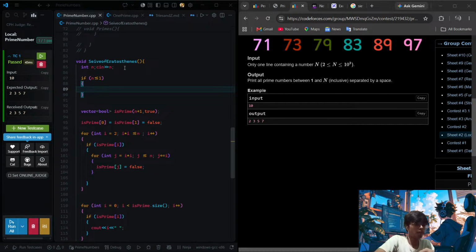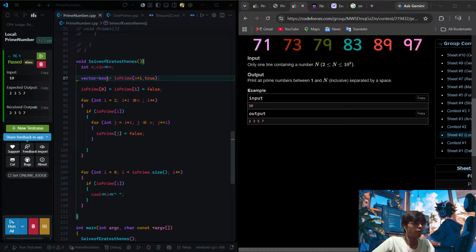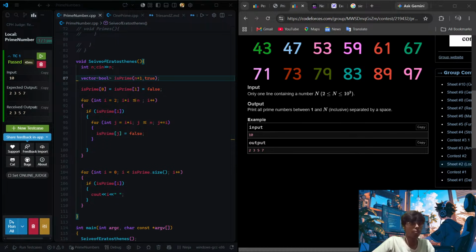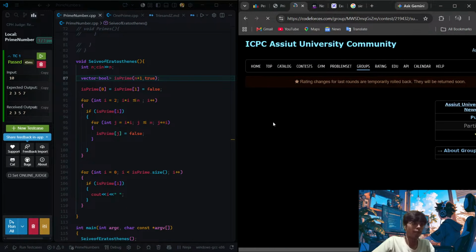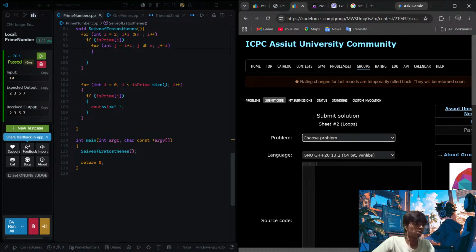But it has been given in the question that n must be greater than or equal to 2. So it means I will get this.